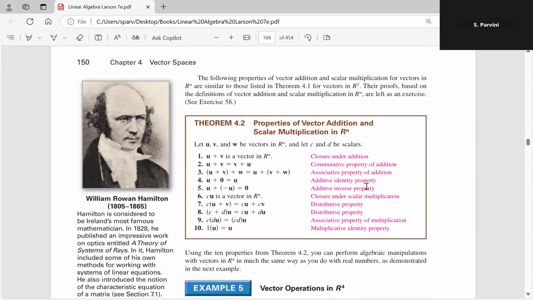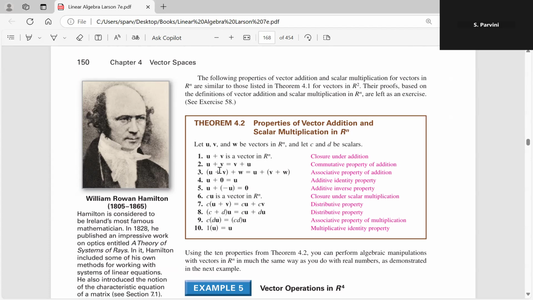Now, those 10 properties that we saw earlier, I'm not going to go over them again because you've seen this before. The difference now is that everything we did in R2 works in Rn. All 10 of those: the first 5 are vector addition, and the latter 5 are scalar multiplication.